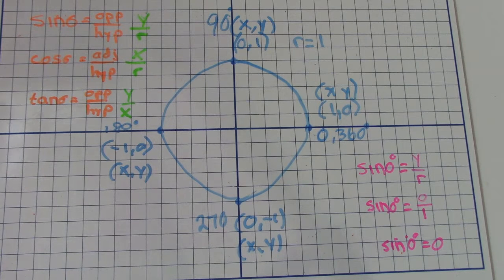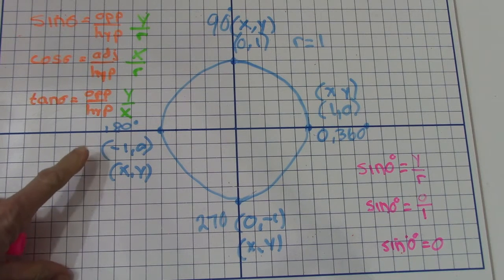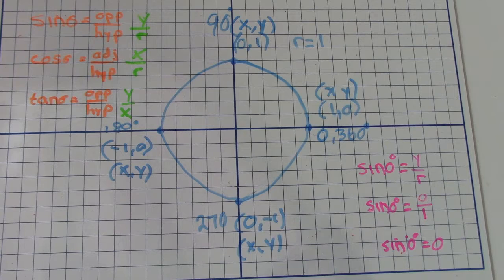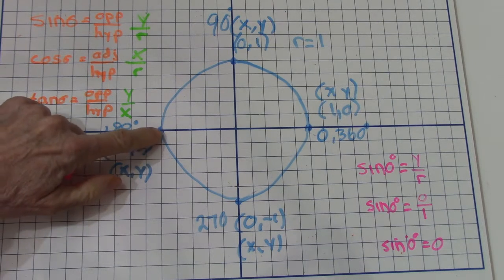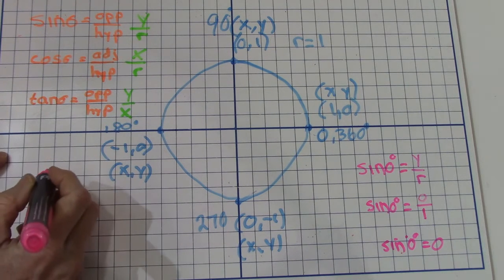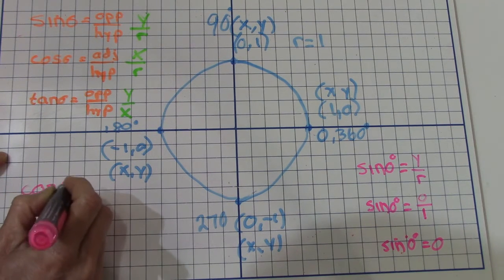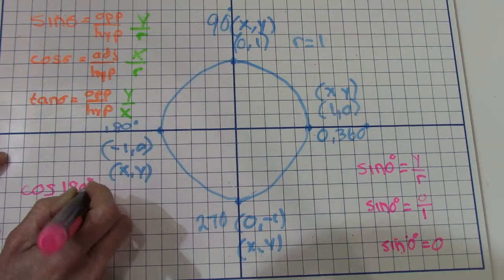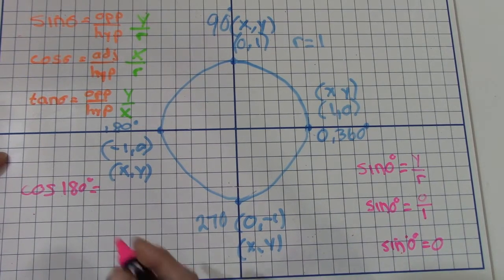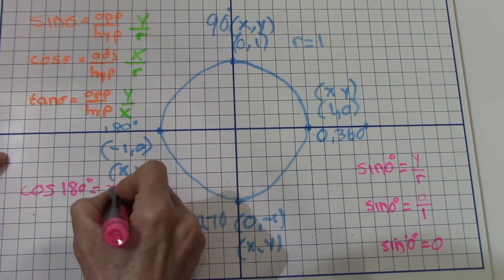If I want to find the cosine of 180 degrees, that's going to be right here. The cosine, by definition, of 180 degrees is x over r.